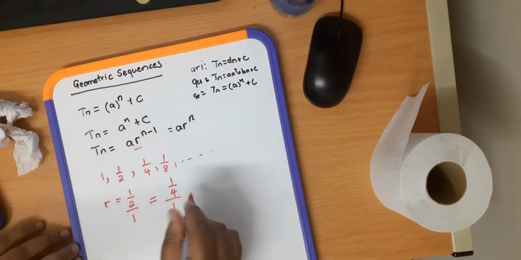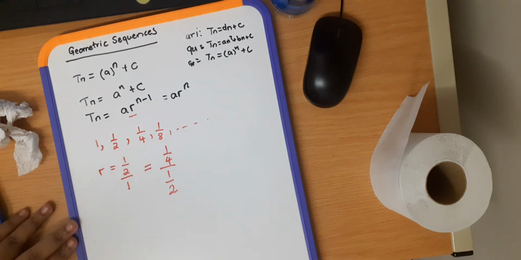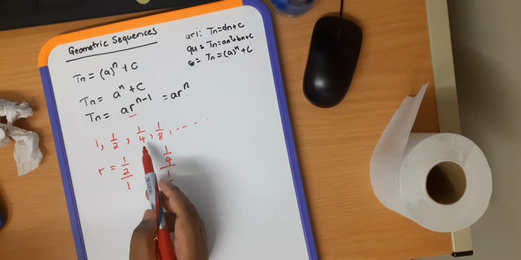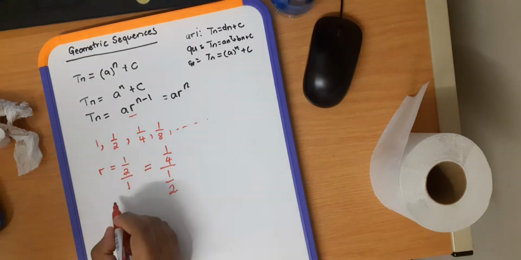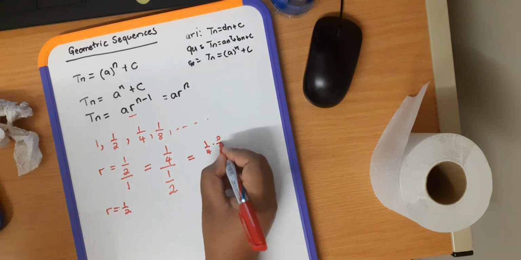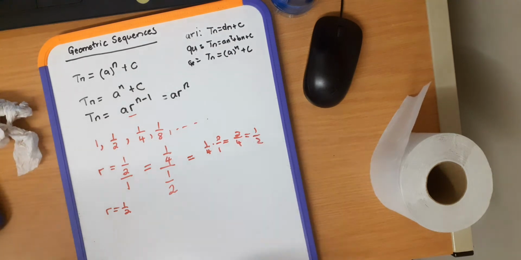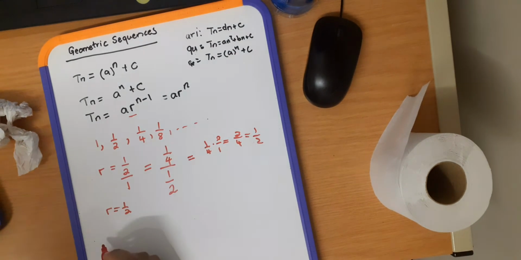It's a checking method for whether this is really a geometric sequence. You see, a geometric sequence is multiplied by something to get the next term. And r equals 1 over 2. Of course, 1 over 4 times 2 over 1 is 2 over 4, which equals 1 over 2.